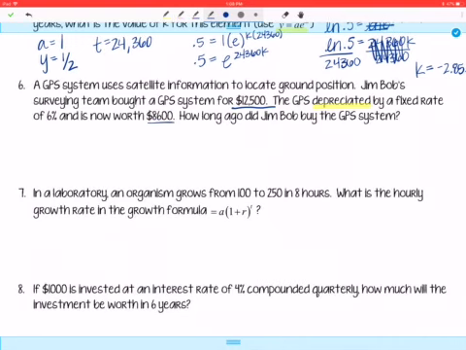Your decay formula is the same as your growth except you subtract your rate every time. So I started with, initially, a GPS that was $12,500, but I'm ending with a GPS that's $8,600. My rate is 0.06, and I'm looking for time. How long ago did we buy it?